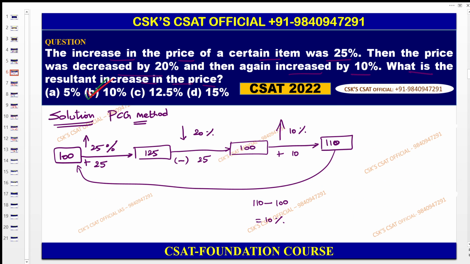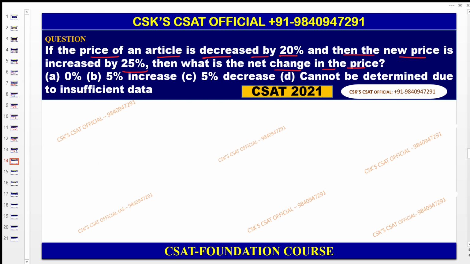This one was 2022, and similarly they asked in 2021 also. At least some similarities are there. We have done this in the foundation class also. You have solved this question. Yes, sir. Fine.